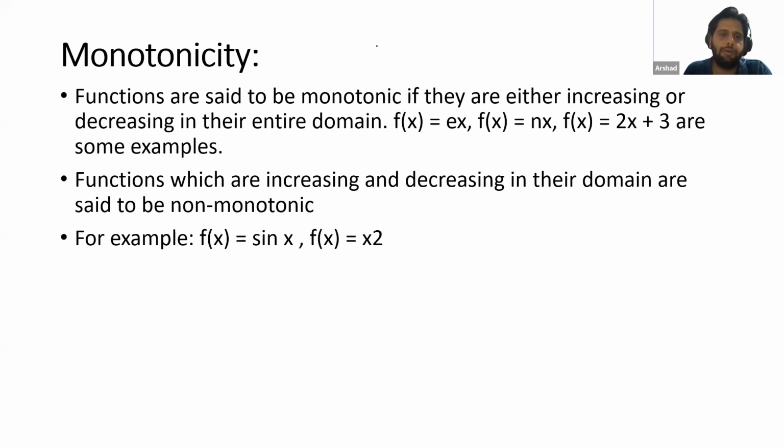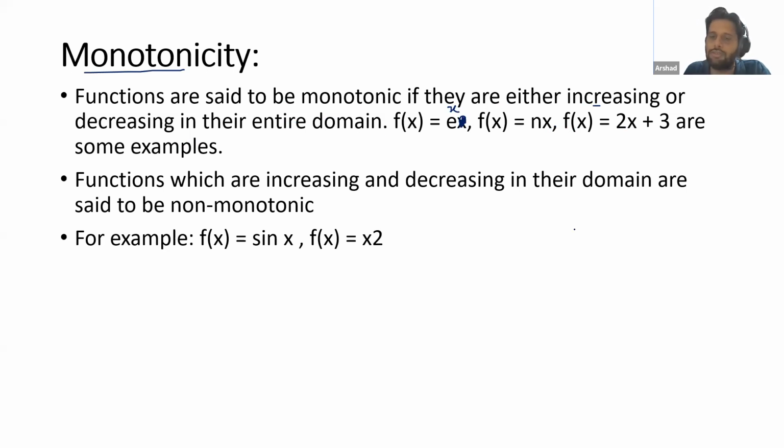What is meant by monotonicity? Functions are said to be monotonic if they are either increasing or decreasing. And please correct this, this is e to the power x. Functions are said to be monotonic if they are either increasing or decreasing in their entire domain.